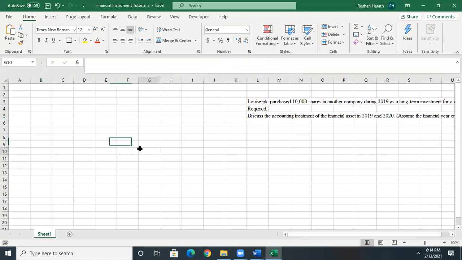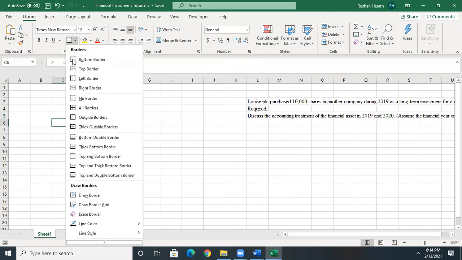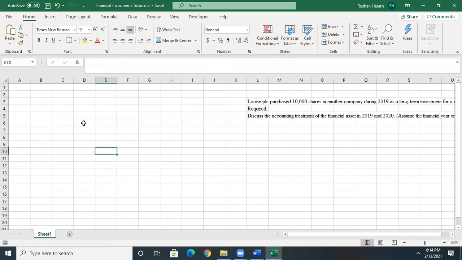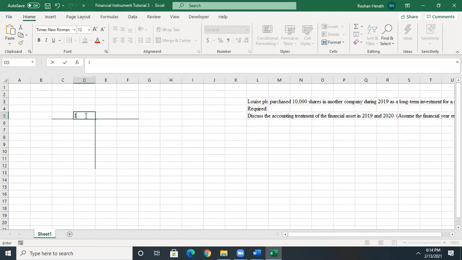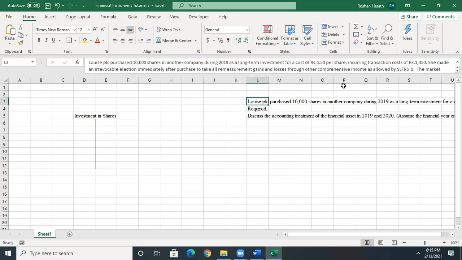Okay. So the easiest way to get this across, you can just prepare a ledger account, isn't it? So for 2019 and 2020, just prepare a ledger account. So it's basically a kind of investment. So initially, at what price did you purchase them?